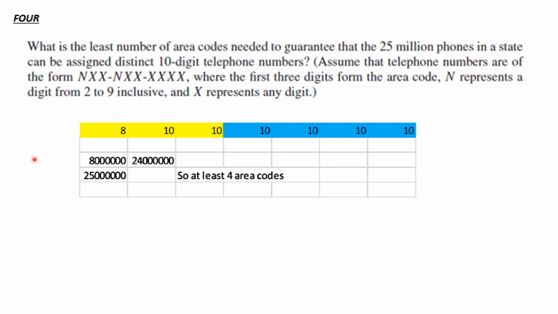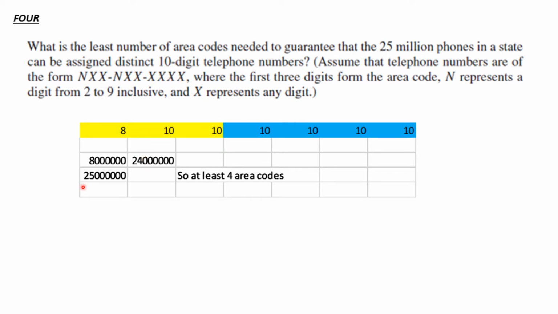Okay, so let's then go to the problem and see how many area codes we really need. We have 25 million phones, so there is 25 million, and 2 through 9, and I'm just talking about this part of it, but I can have 8 times 10 times 10 times 10 times 10 times 10 times 10 digits.